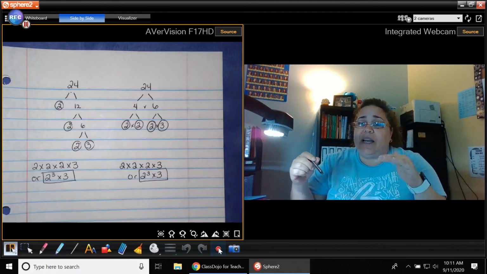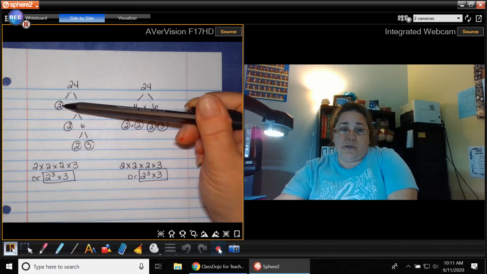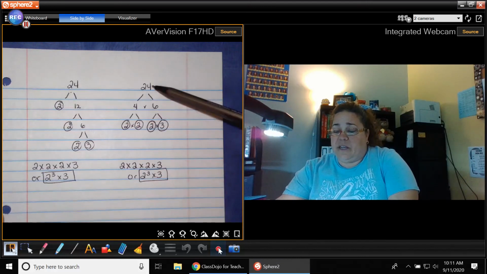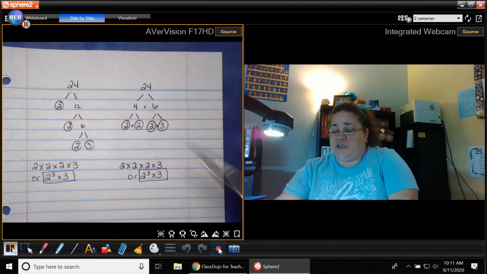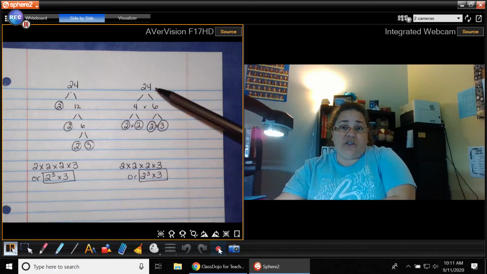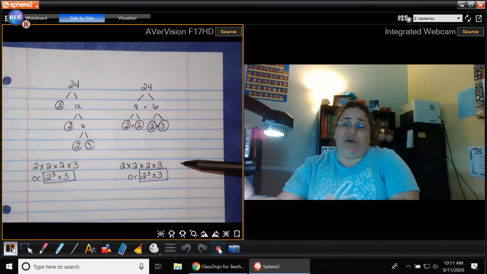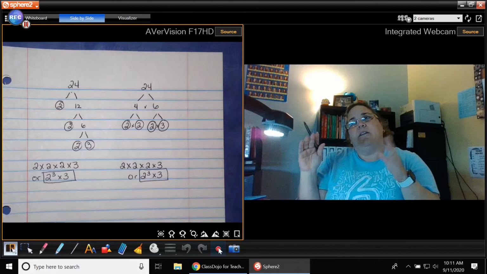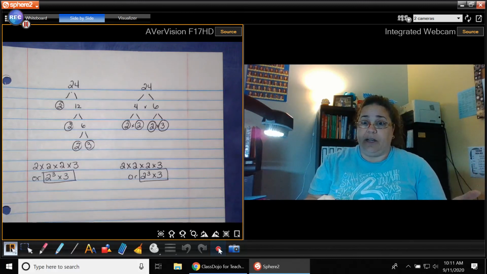And the only reason why I like to do it is because it always kills a branch right off the top. If this was a very large number, we might have to do a very big tree. And so by killing a branch, you're going to do a lot less breaking apart. And you might be less likely to forget to break apart a branch, okay?